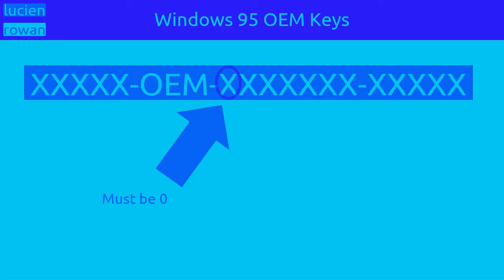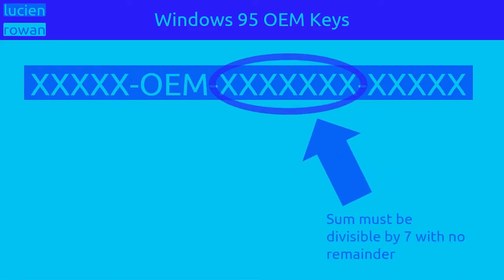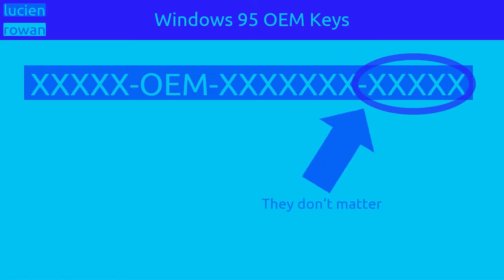And on Windows 95, at least according to FlyTech, the last digit in that section may not be 0, 8 or 9. Anyway, in that entire section, the sum of all the digits must be divisible by 7 with no remainder, just like in retail. And the last 5 digits don't matter, they just have to be numbers. Everything else is your choice.